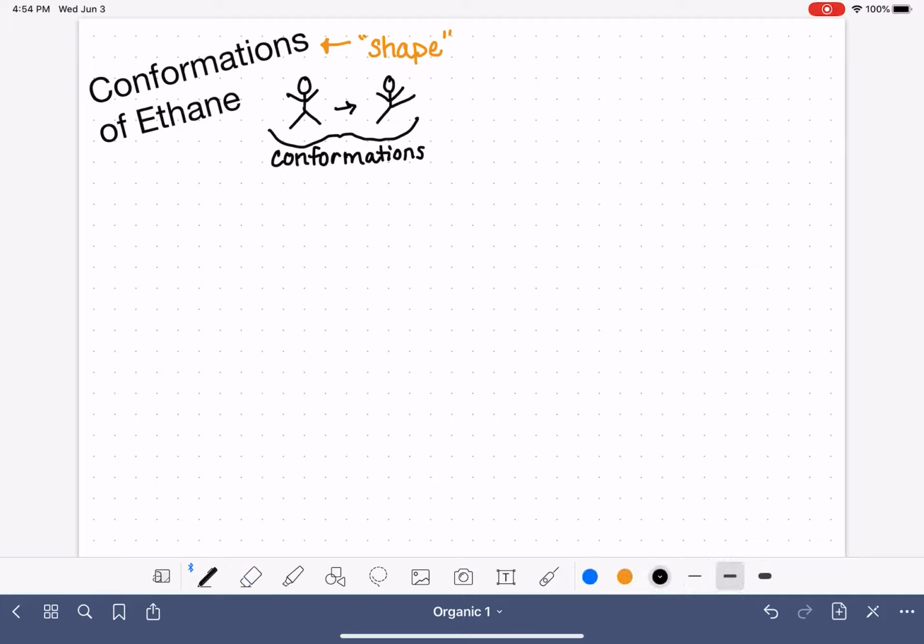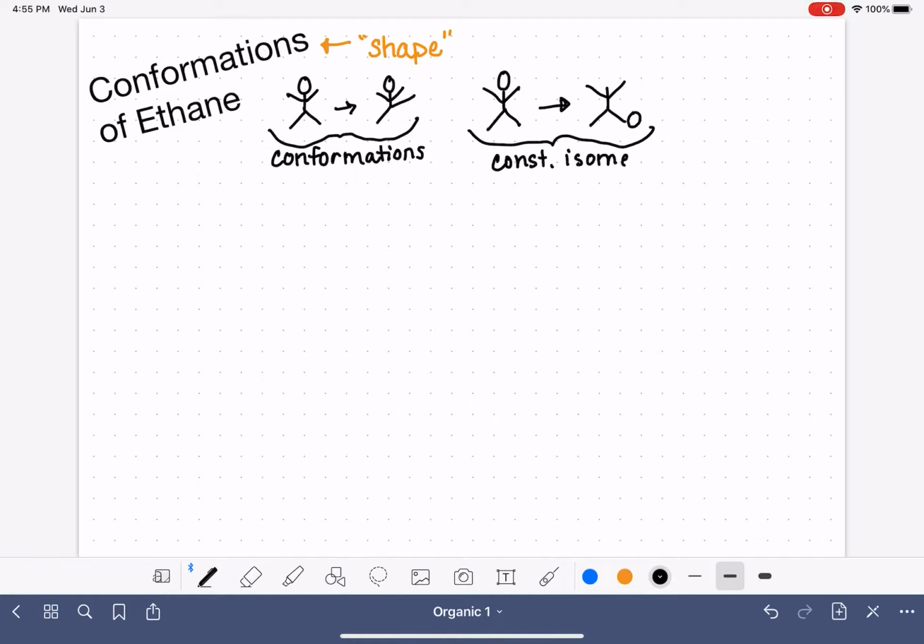Constitutional isomers, if we want to continue on with this analogy: if we were to take you as a human and turn you into a constitutional isomer, that would require us to do a little bit of disassembly, like maybe remove your head and attach it to one of your feet. So that would be constitutional isomers.